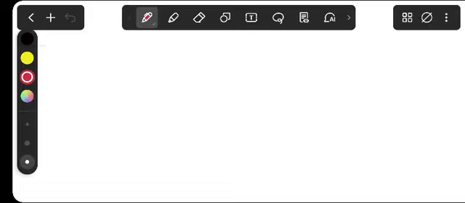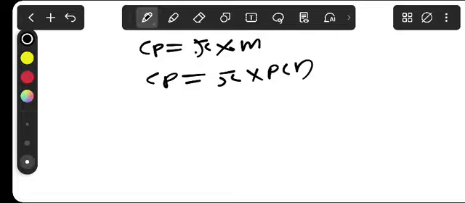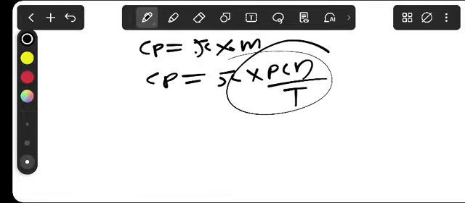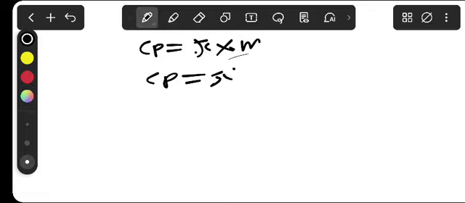whereby CP is given by pi multiplied by the modulus. Sometimes if you see this given by this, remember that it's just the modulus, guys. Pi multiplied by the modulus, but this modulus is 10.